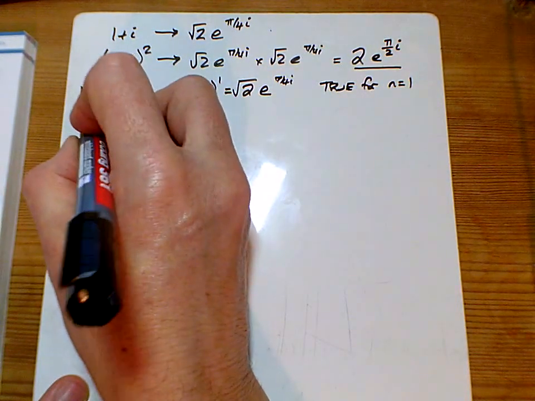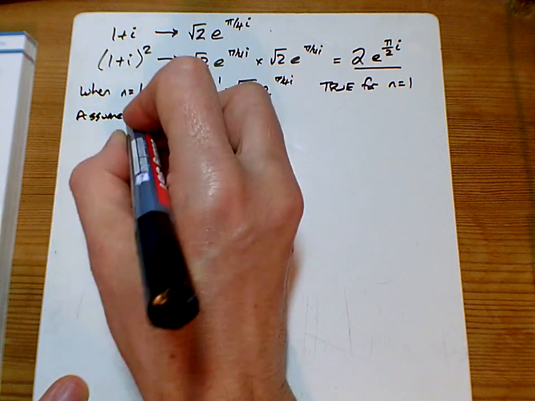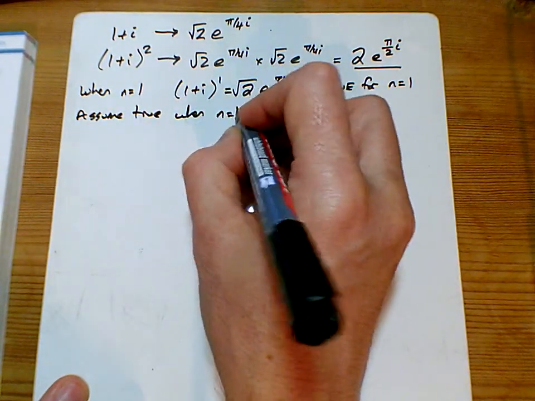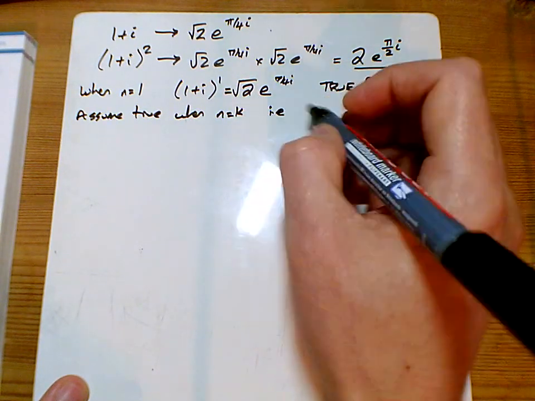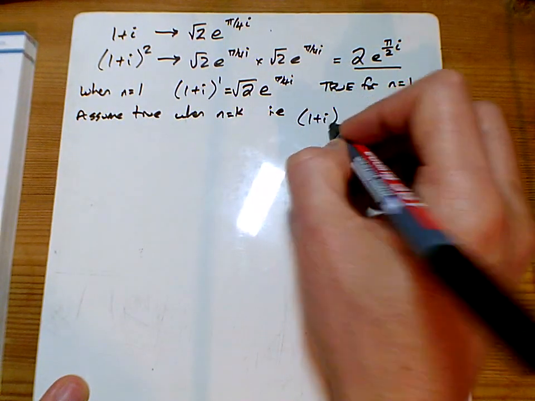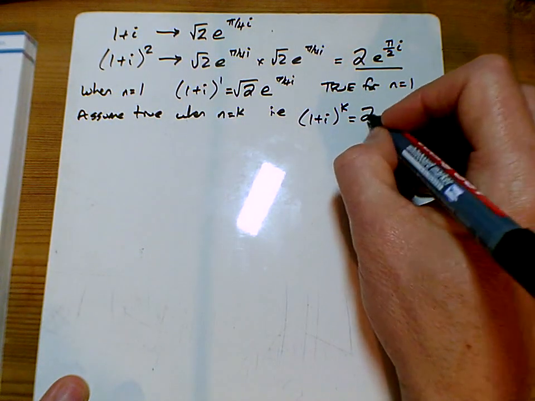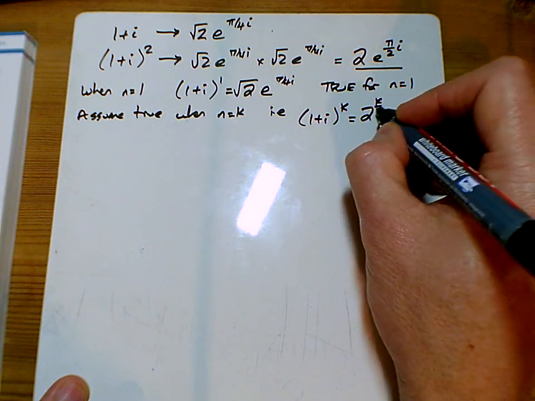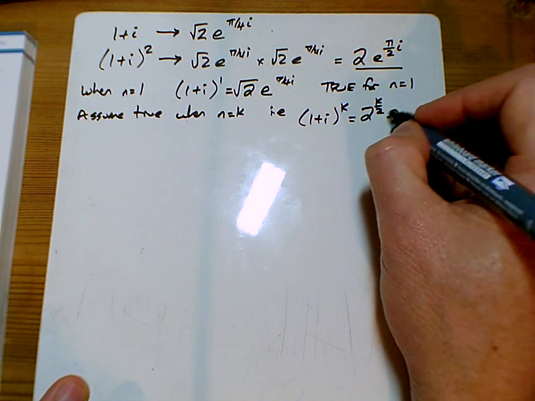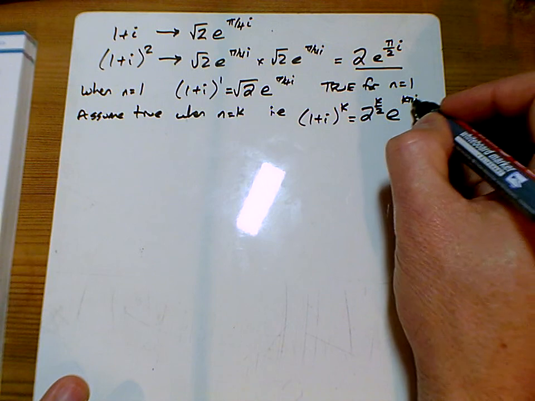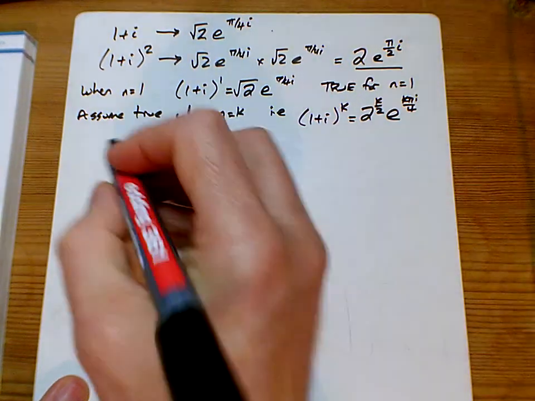So proof by induction, we say assume true when n equals k. So that means that 1 plus i to the power of k is going to equal 2 to the power of k over 2 e to the power of k pi i over 4.